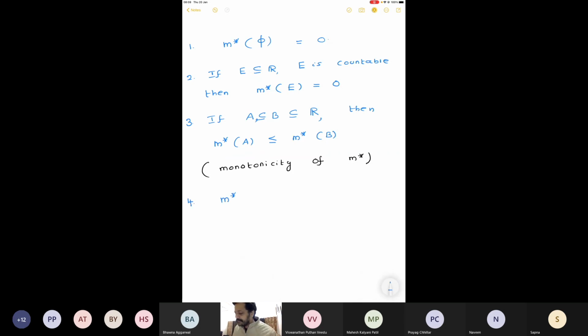Lebesgue outer measure of translation t plus A is the same as Lebesgue outer measure of the original set.